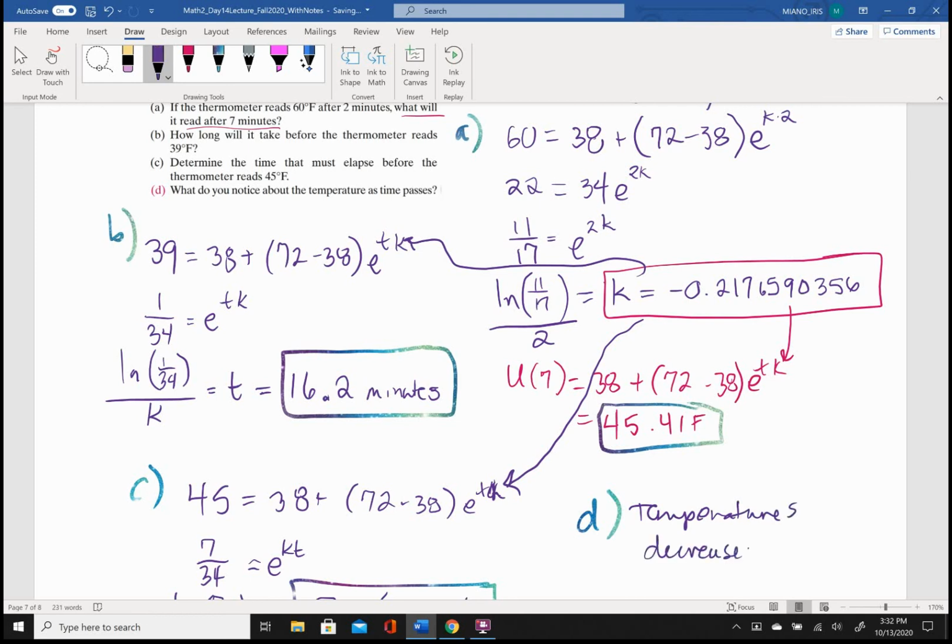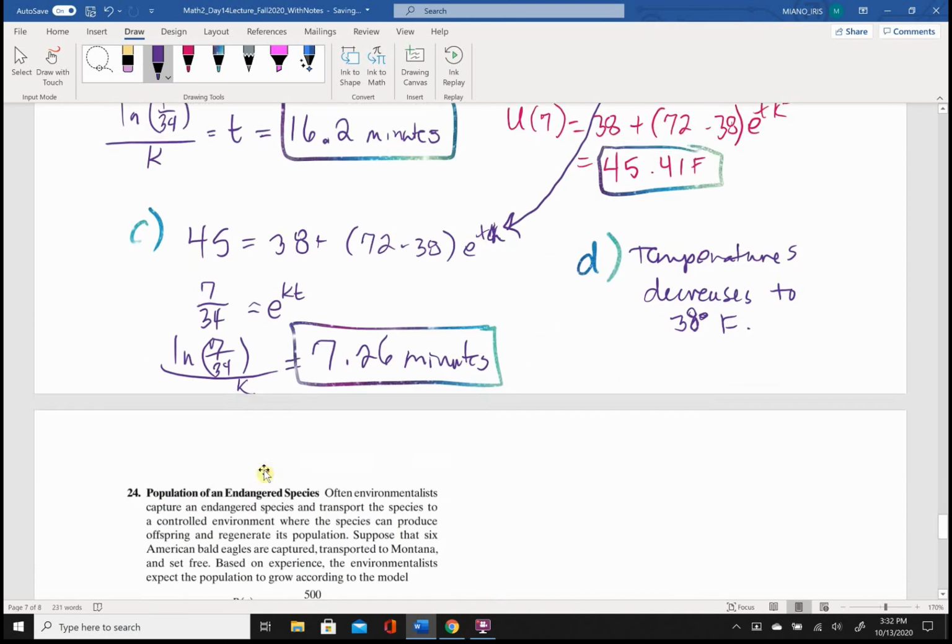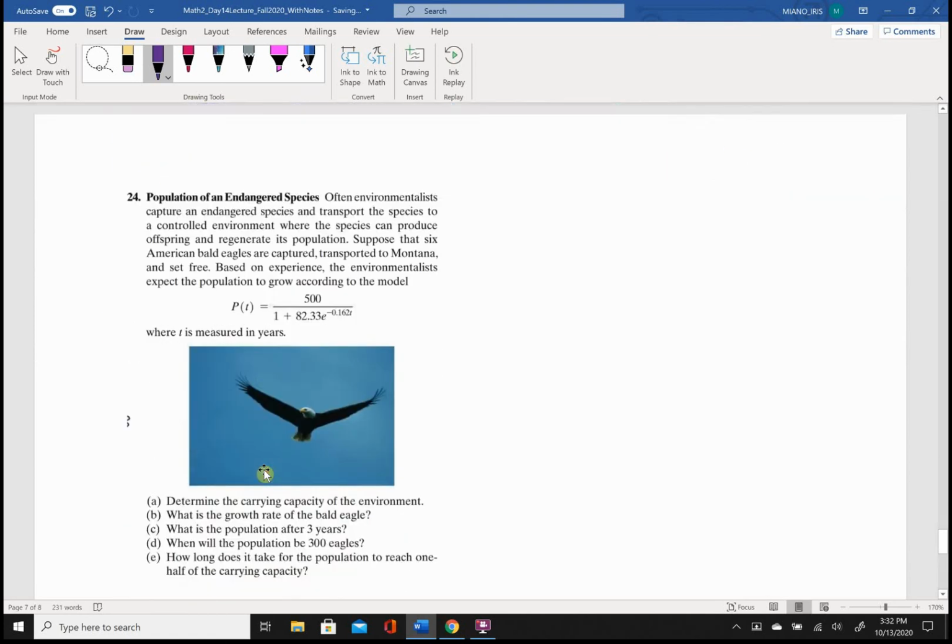Well, it's going to eventually decrease all the way to the ambient temperature in the room, which is 38 degrees Fahrenheit. Okay, 38 degrees. I didn't mean to put 30 right there. So it's approaching that ultimate temperature, okay? Cool. Whew, almost there, guys.